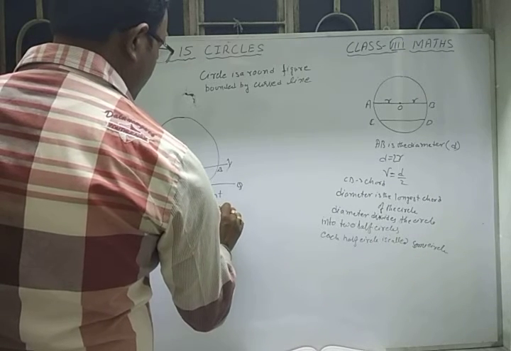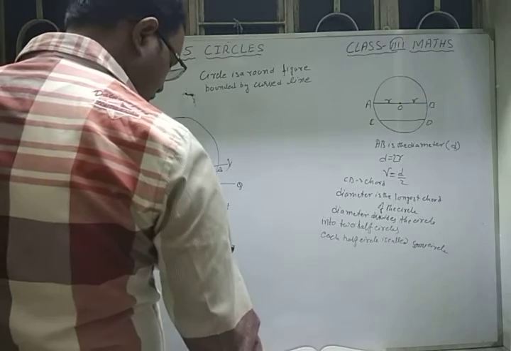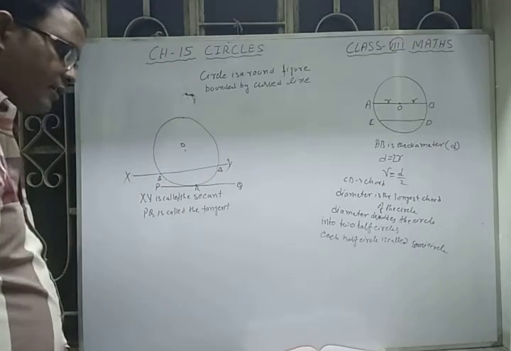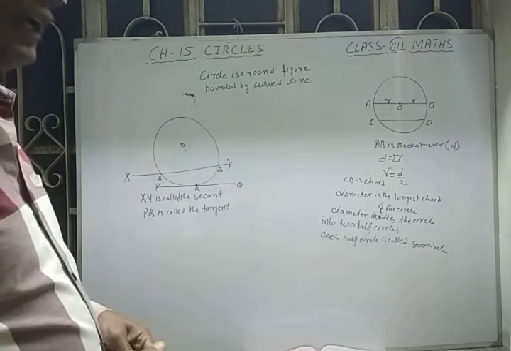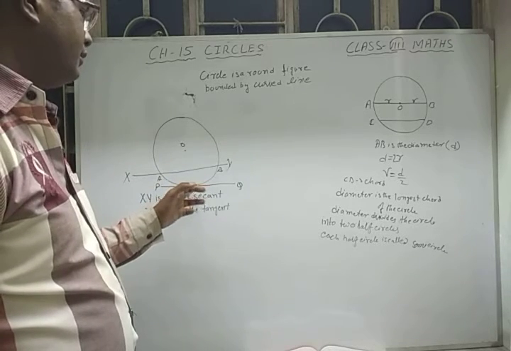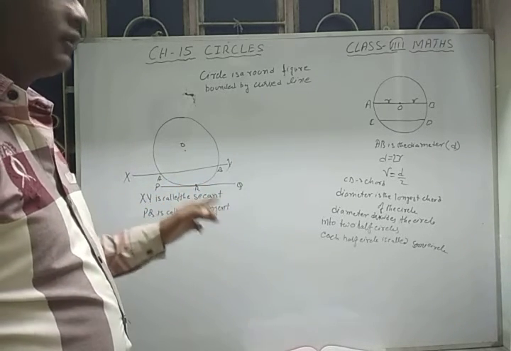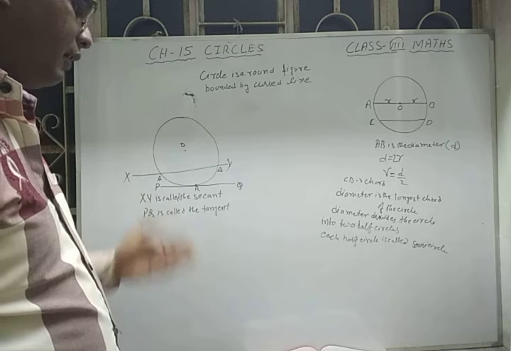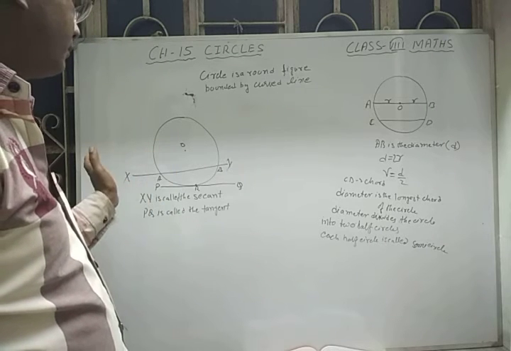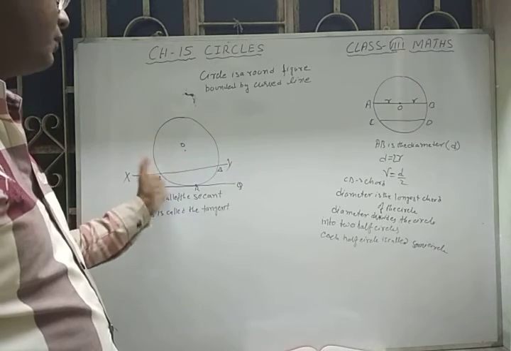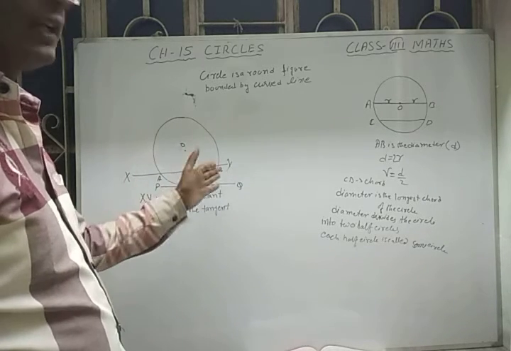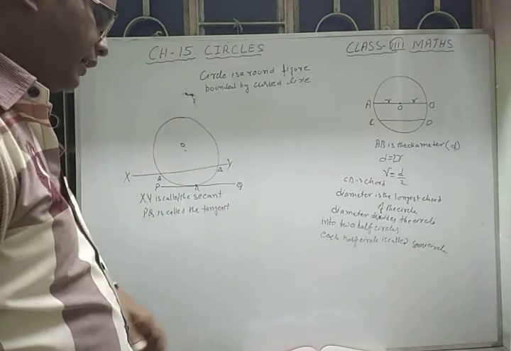A tangent is a line which meets the circle in one and only one point. The line which touches the circle at two distinct points, that means if you extend a chord on both sides, forms a secant.